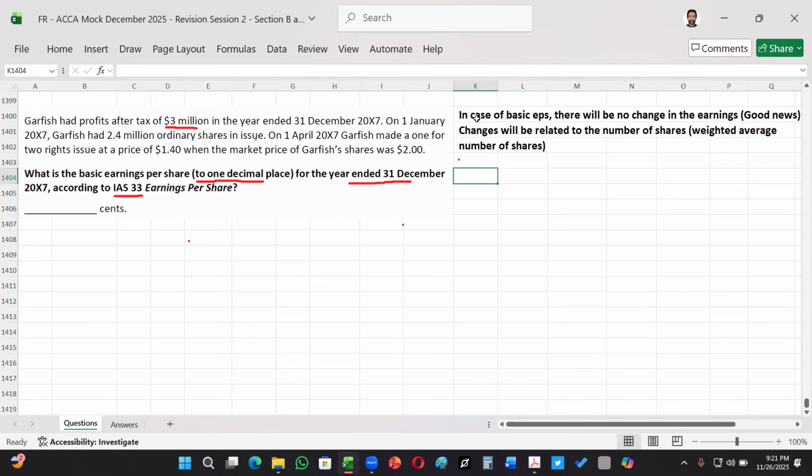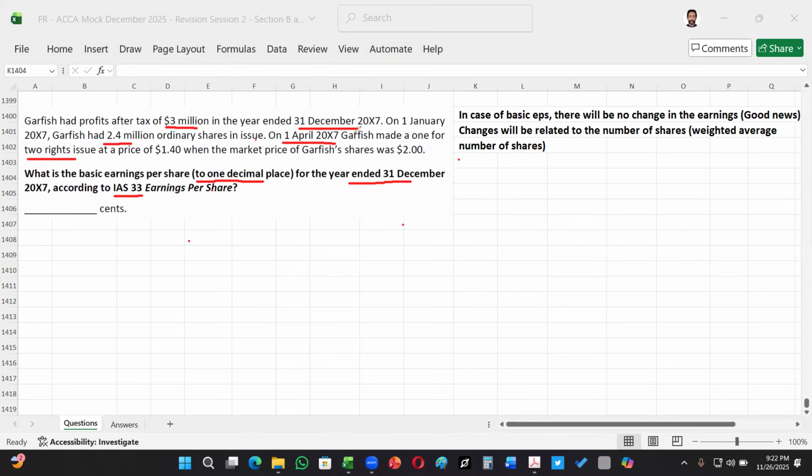Okay, so let's see. The profit after tax is going to be the same, for the year ended 31st of December 2027. On 1st of January, when the year started, we had 2.4 million ordinary shares, and on 1st of April, that is after 3 months, we made a 1-for-2 rights issue.